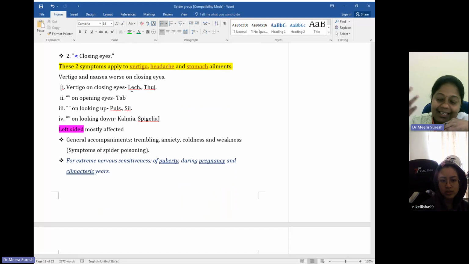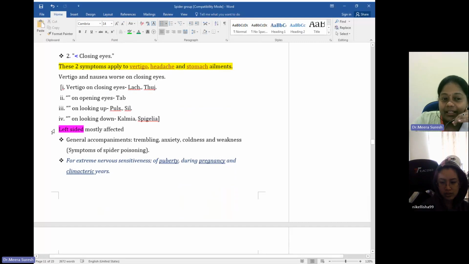But just for the sake of memory, we can connect this with closing eyes at sleep time. So closing eyes produces vertigo in Lachesis, Theridion, and Thuja.